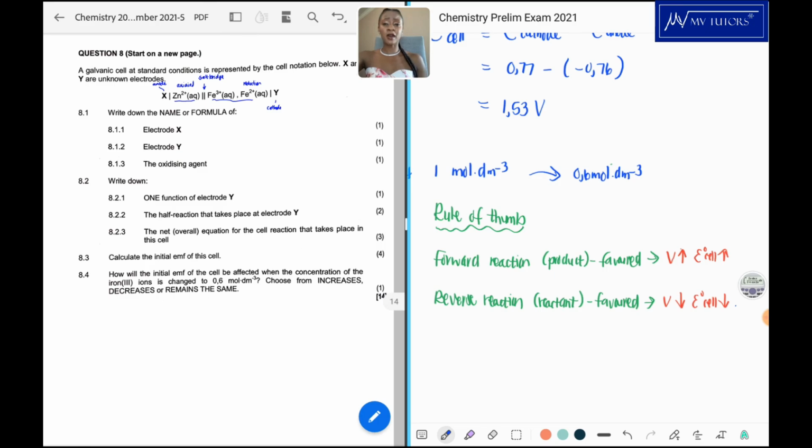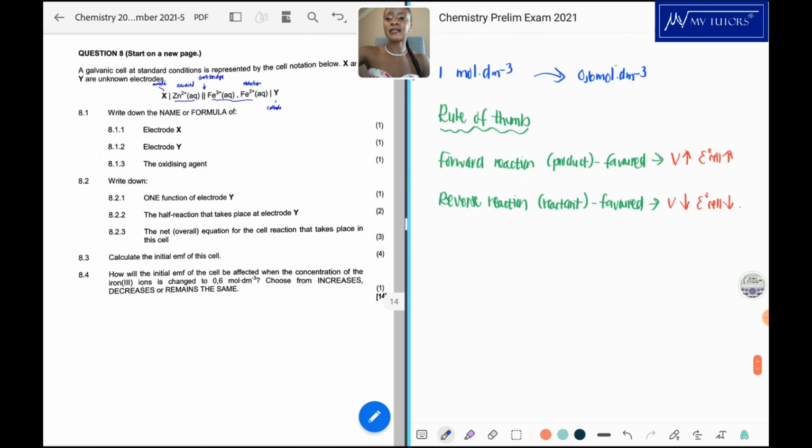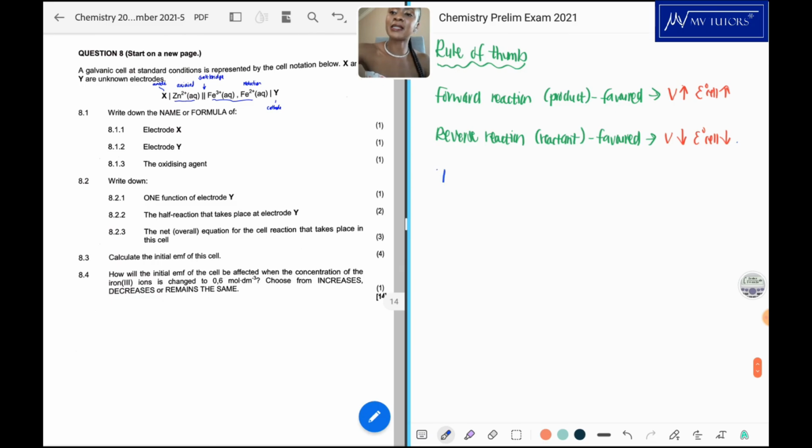I know it's 1 mark. I'm explaining a lot, but I need you guys to understand. So choose from increases, decreases, or remains the same. In this case, guys, it decreases. That is the answer. It decreases, and this is the explanation why.